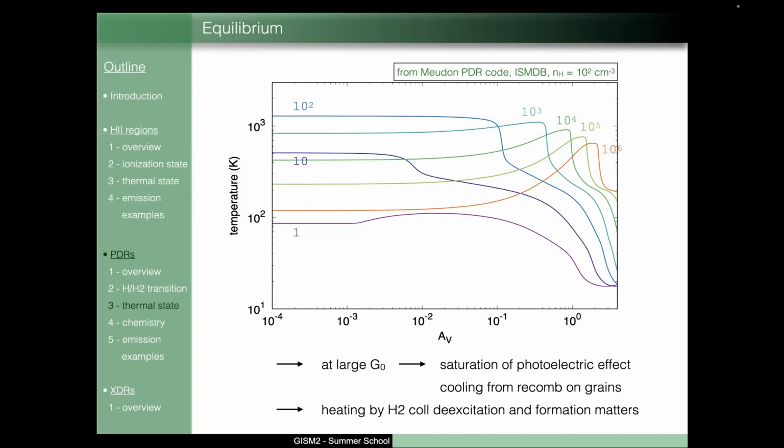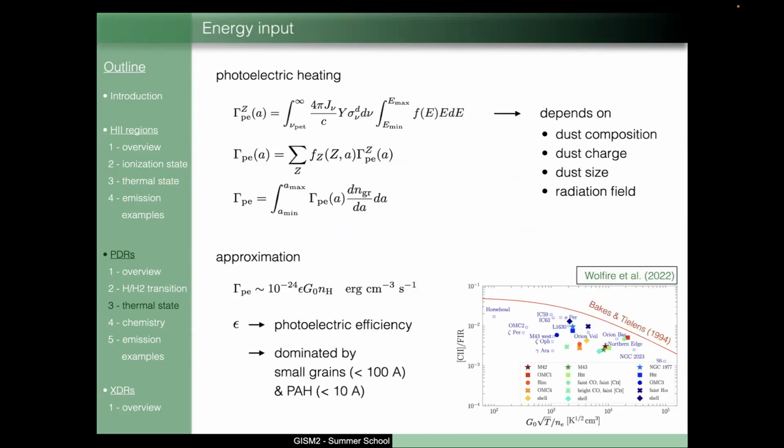At low values of G0, the heating rate is directly proportional to the intensity of the radiation field. Then what happens is that when you reach some critical value, there is a saturation of the heating due to the photoelectric effect. And this is shown by this figure. At some point, the efficiency of the photoelectric effect is inversely proportional to G0, while the heating is proportional to G0, so there is no dependence anymore.